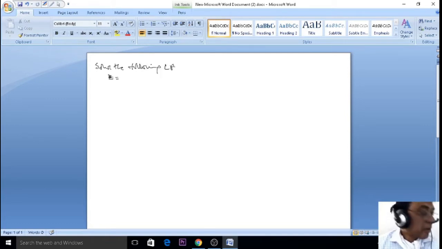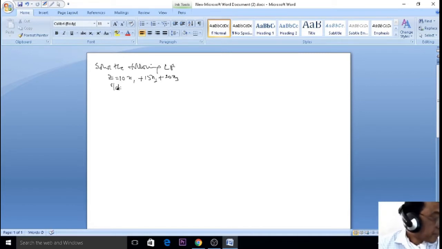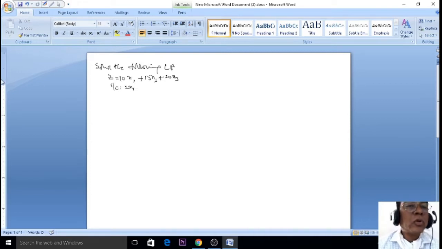Z is equal to 10x1 plus 15x2 plus 20x3, subject to constraints 2x1 plus 4x2 plus 6x3 greater than or equal to 24. This is a minimization.